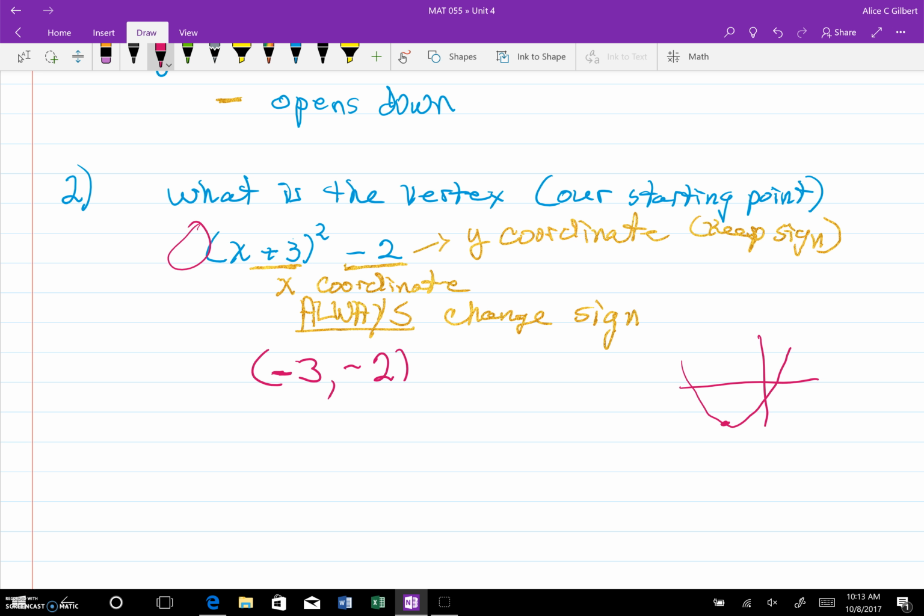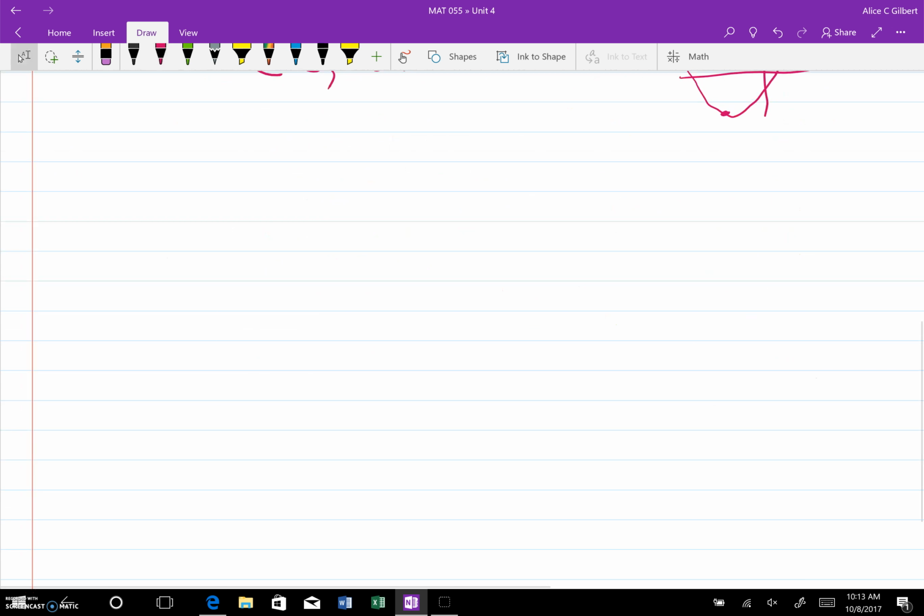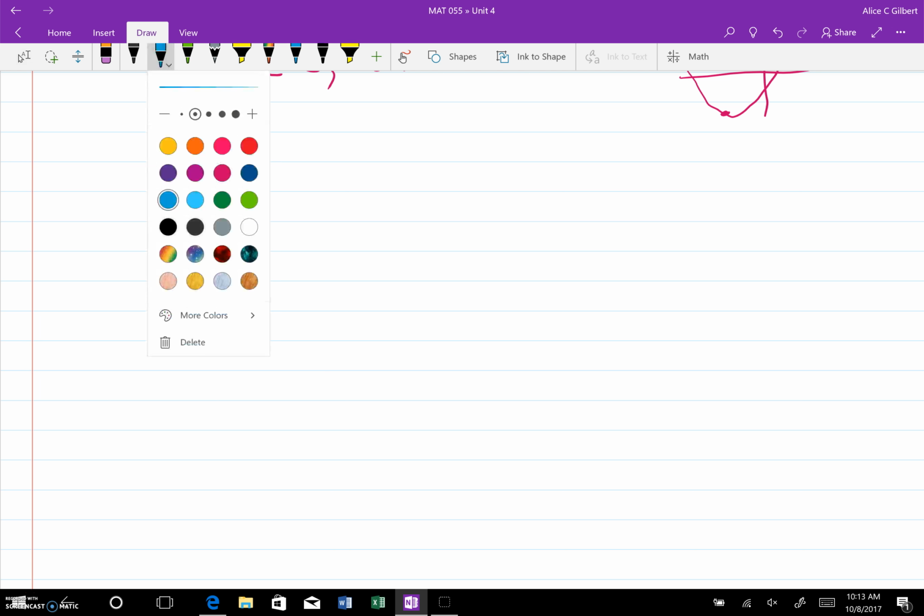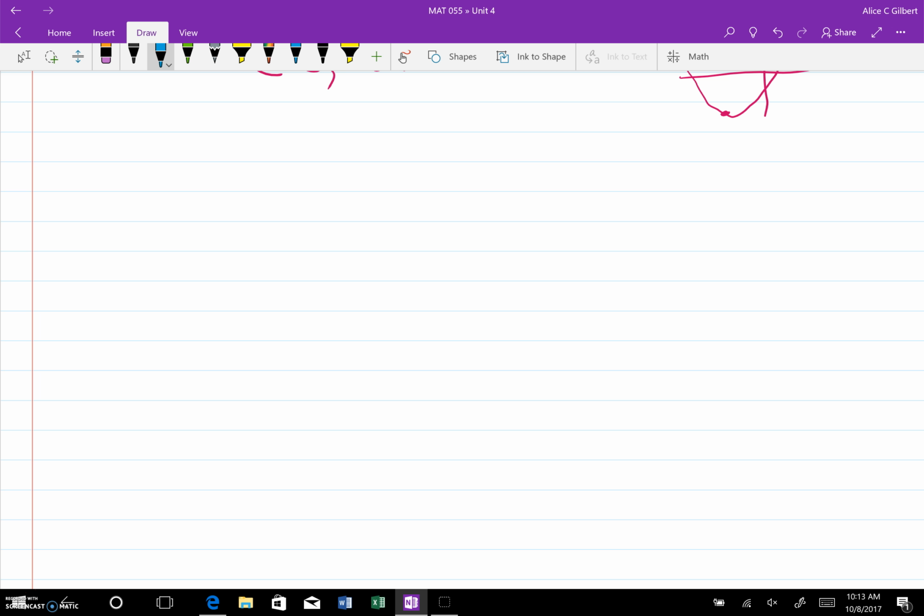Let's just do one more with this, and we'll see lots more in the examples I'm going to give you. Let's say this is the equation I have.